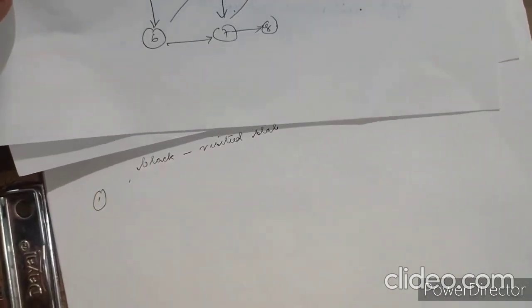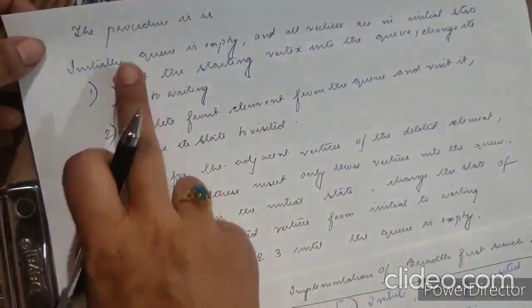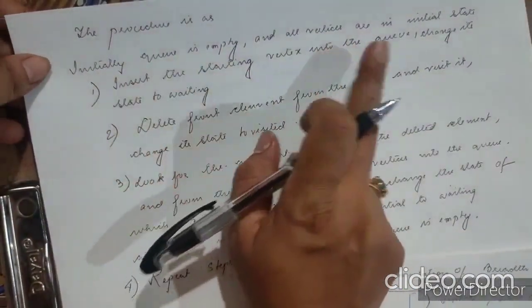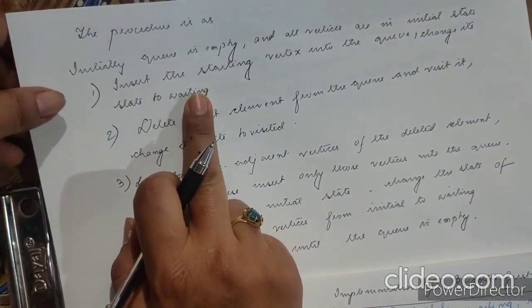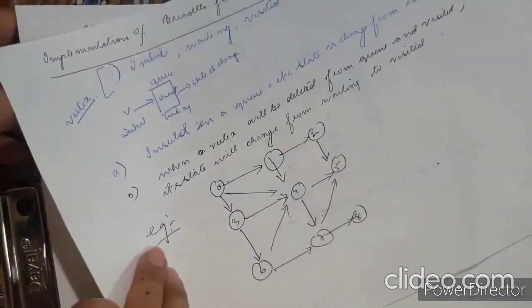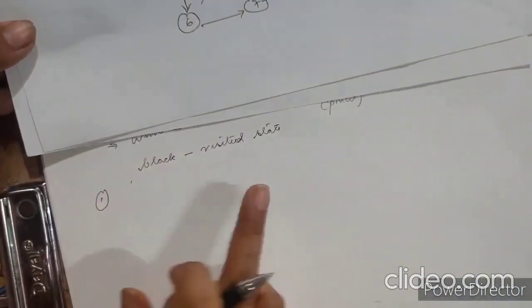So what is the first procedure? It says insert the starting vertex into the queue and change its state to waiting. So we are going to insert the vertex 0 into the queue.